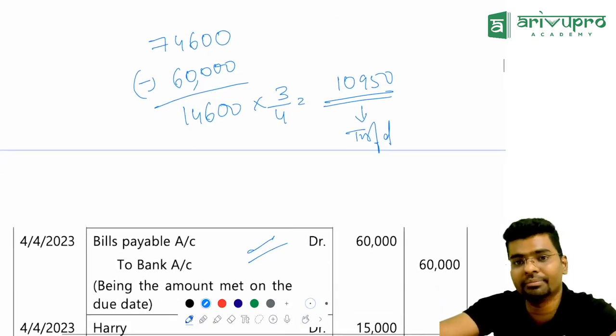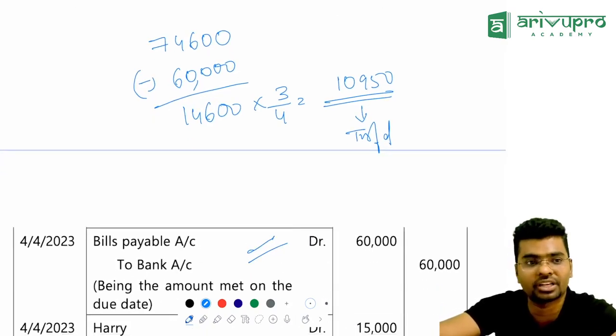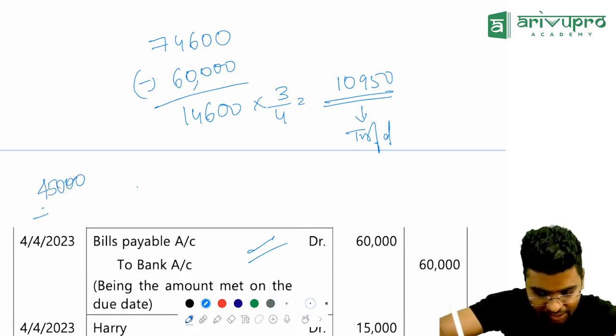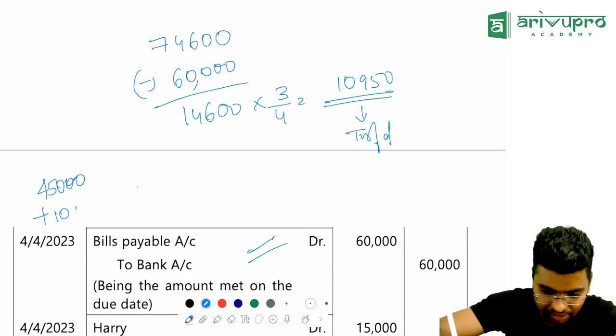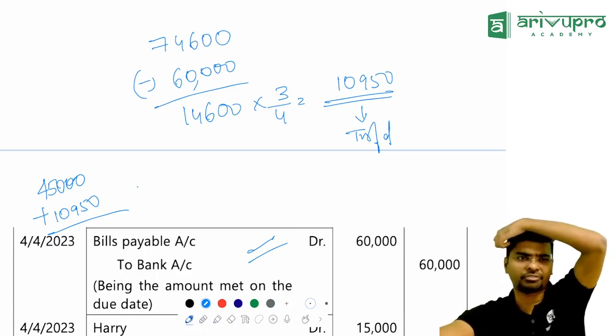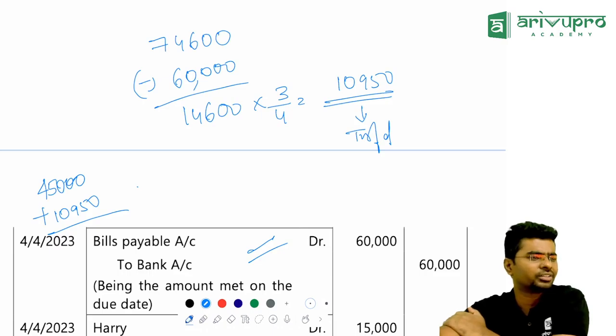But already Mr. Harry has to pay to Sejal how much? So you are now remitting 45,000 plus 10,950. Understood? This was difficult, okay. First time we are doing, somebody doing a mistake is okay.